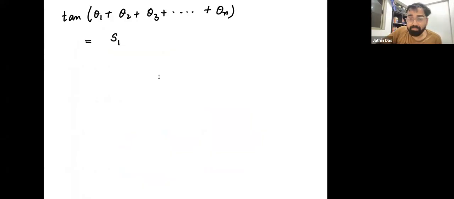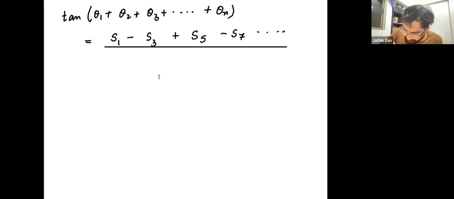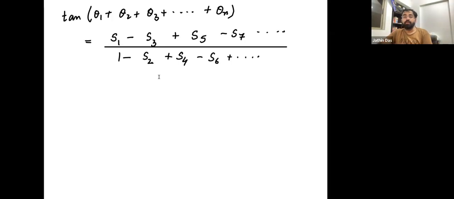I'll take S1, okay, minus S3 plus S5 minus S7 and so on, divided by 1 minus S2 plus S4 minus S6 and so on. I think you understood the pattern already now.